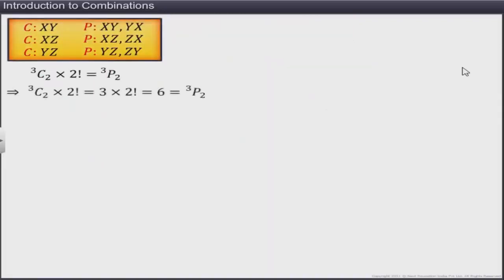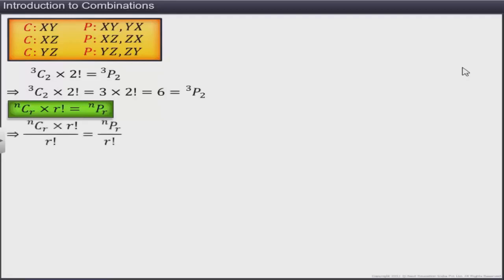To verify this, let's substitute the values of 3C2 and 3P2 in the relation. We can generalize the relation for any number of objects. The number of combinations of n objects taken r at a time multiplied by r factorial is equal to the number of permutations of n objects taken r at a time.